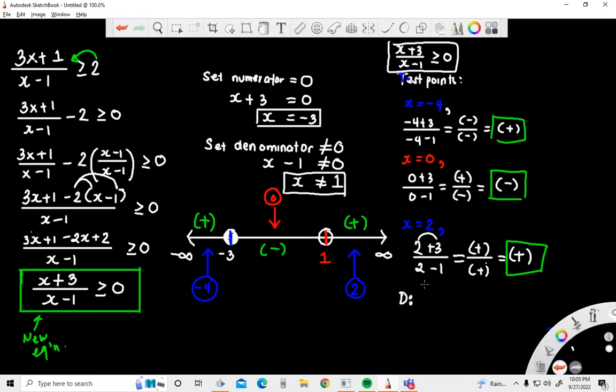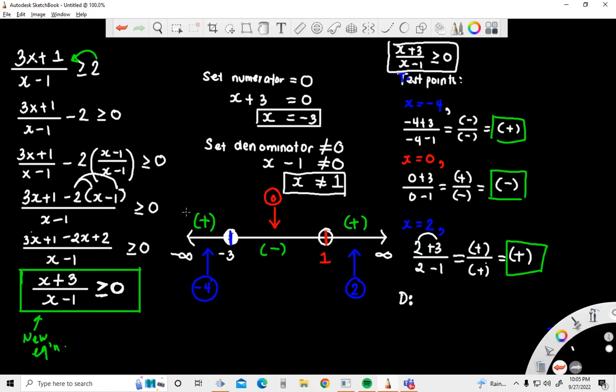Kapag interval notation po ang ating format, ganito po ang gagawin natin. Tignan muna natin ang ating new equation. Dapat daw po greater than or equal to 0. Isipin nyo po yung mga numbers na greater than or equal to 0. Alam naman natin guys na ito yung mga positive numbers.